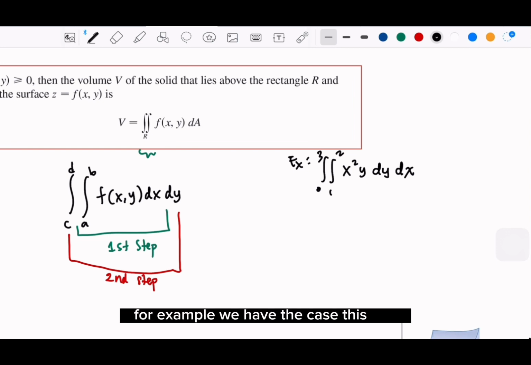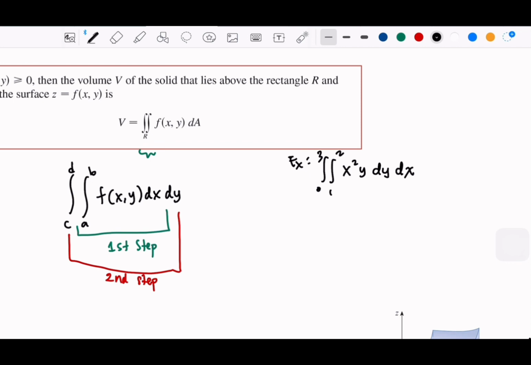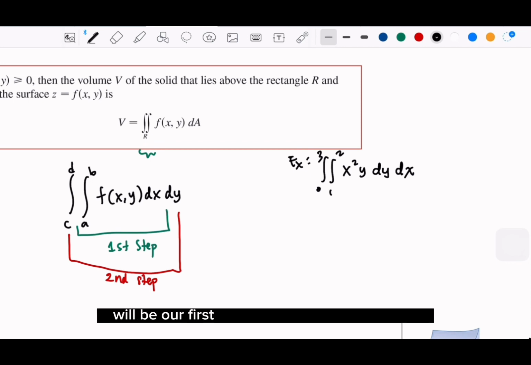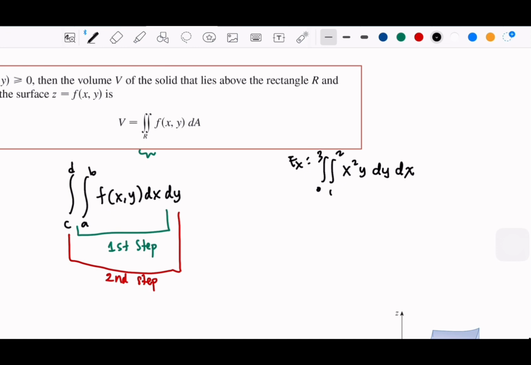For example, in this case, dy here will be our first computation. So we are going to integrate this x squared y just like our partial derivative. We take the integration with respect to y, and just keep x squared as it is.